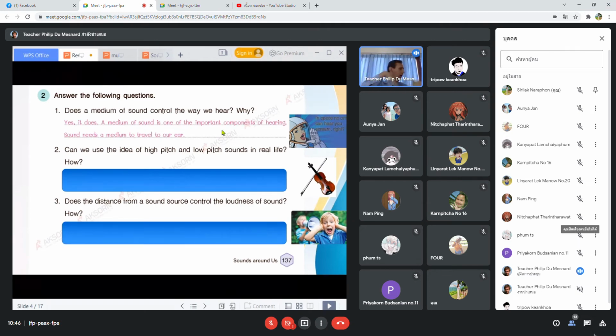If there's no air, you can't hear. Because then it's space. Okay. The first question, does the medium control the way we hear? Yes, it's very important. And sound needs a medium like air. Air is a medium.